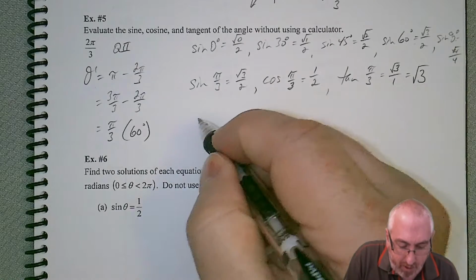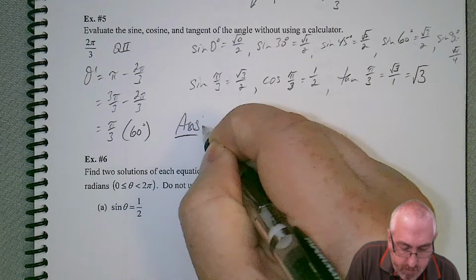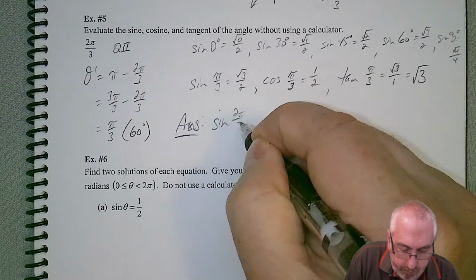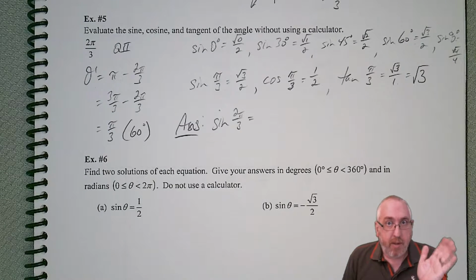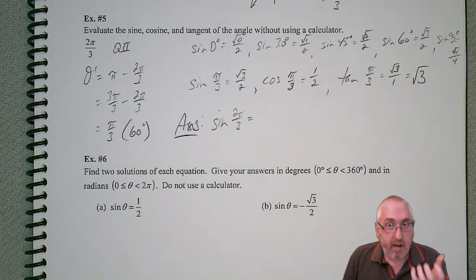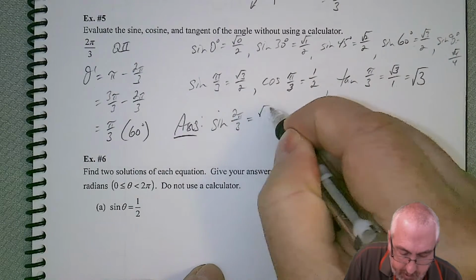So if we want our final answer, what's the sine of 2 pi over 3? So now we have to think about that second quadrant. So if we're in the second quadrant, the sine is dealing with the y values, and the y values are still positive. So this is going to be the same.